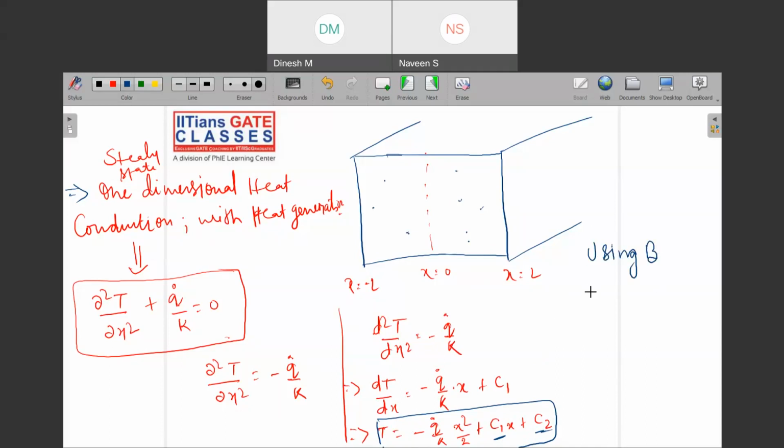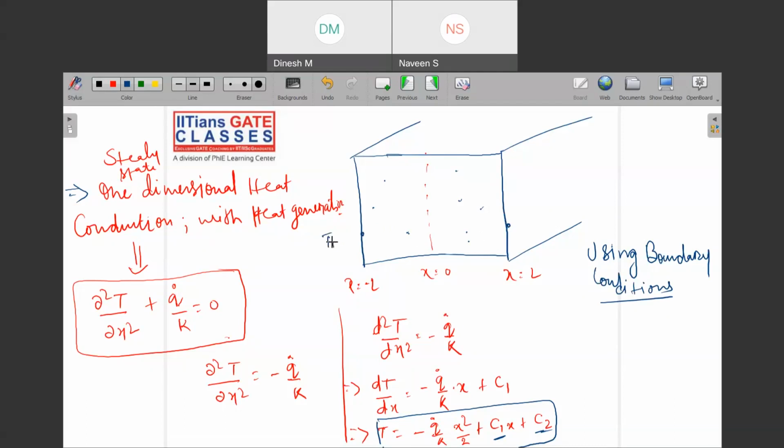So what are those boundary conditions? You can utilize the boundary conditions like this: this is your wall temperature and this is again the wall temperature only.